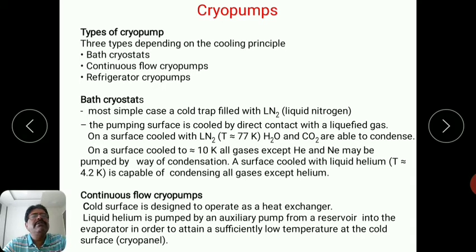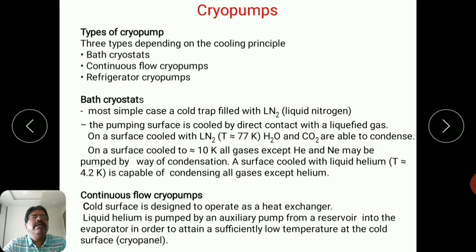So the pumping surface is cooled by direct contact with this liquefied gas, either liquid nitrogen, which has a temperature of 77 degrees Kelvin, where you will find that water vapor and CO2 can be condensed. And if you use liquid helium, which has a temperature of about 10 degrees Kelvin, you can pump other gas species except helium and neon. That is possible by cryocondensation.